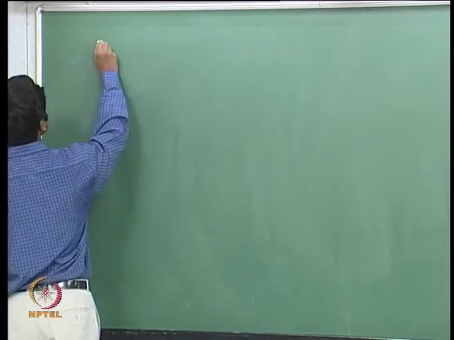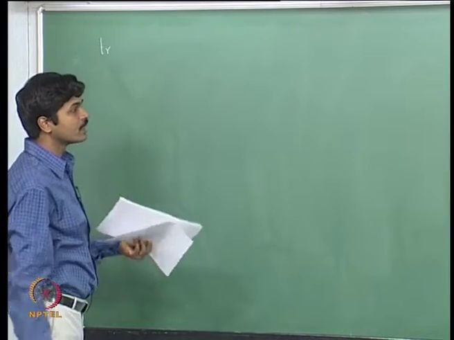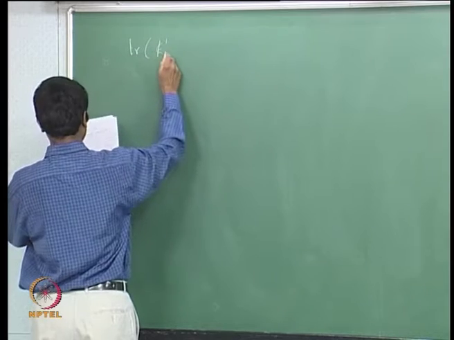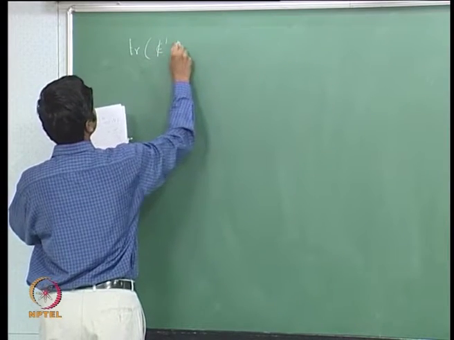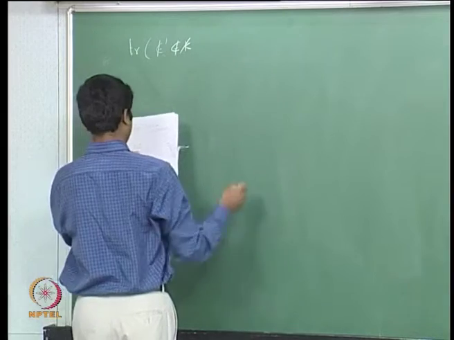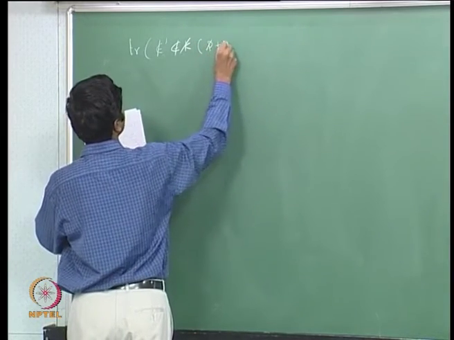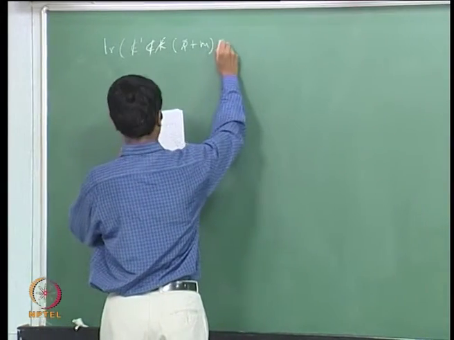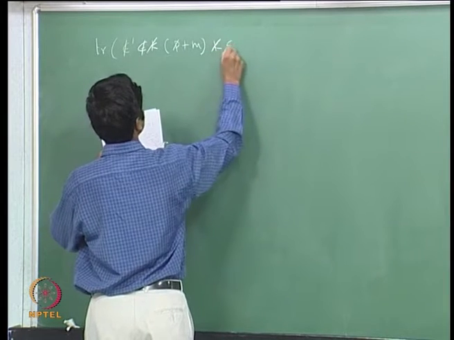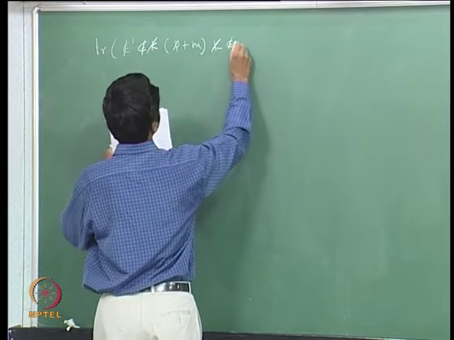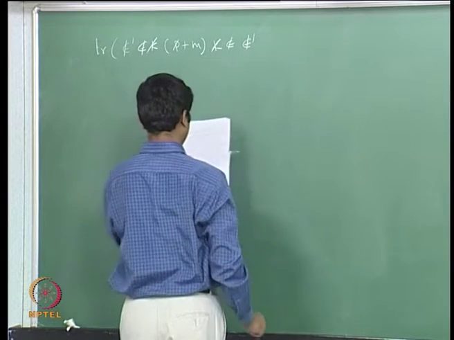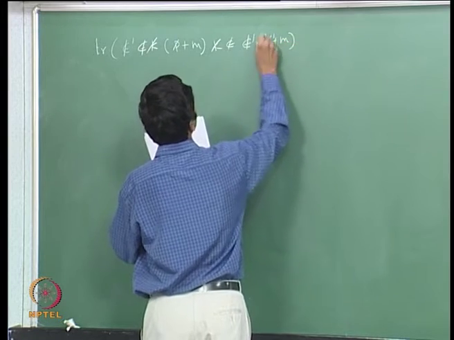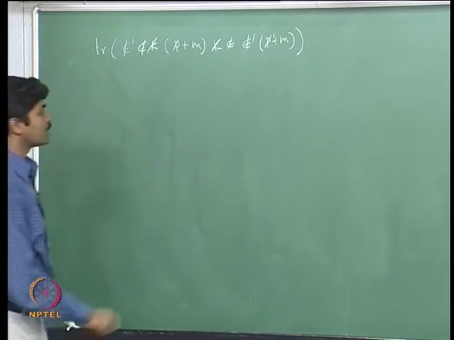So, let us look at the trace of epsilon prime slash, epsilon slash, k slash, and p slash plus m, k slash, epsilon prime slash, and then p prime slash plus m. This is what is T1.